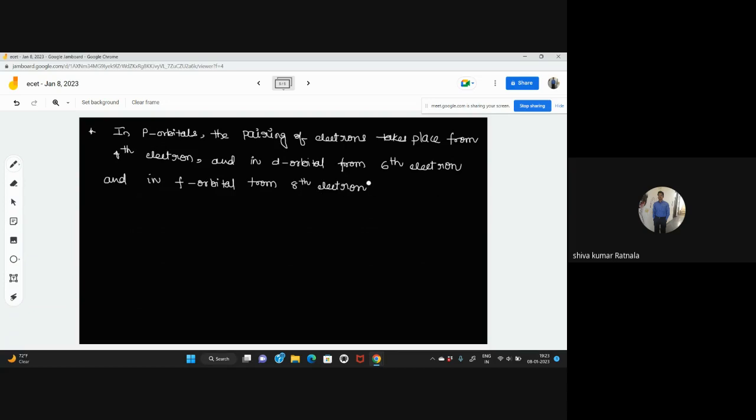Okay, this is about Hund's rule of maximum multiplicity.